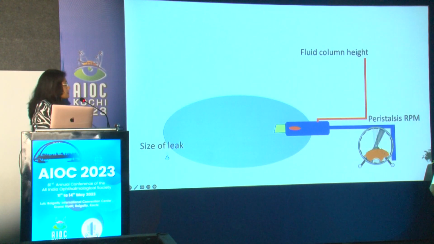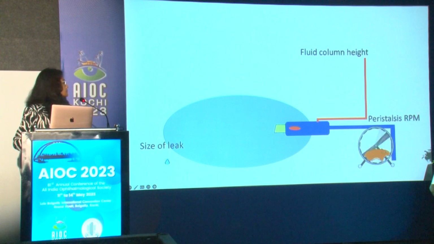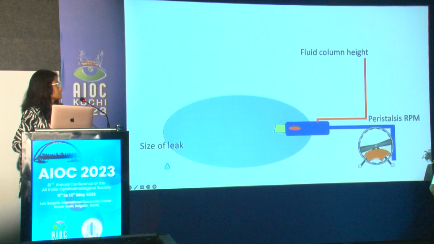So this is a typical phacoemulsification setup in a peristaltic machine. Here we can see what happens exactly. The fluid first travels through the irrigating line, then reaches the phaco handpiece, then through the irrigation port it enters the anterior chamber. And from the anterior chamber, the aspirate is taken out because of the revolving nature of the pinching wheel.